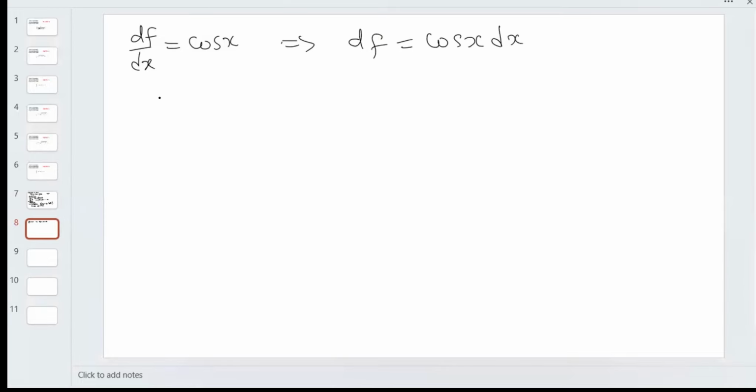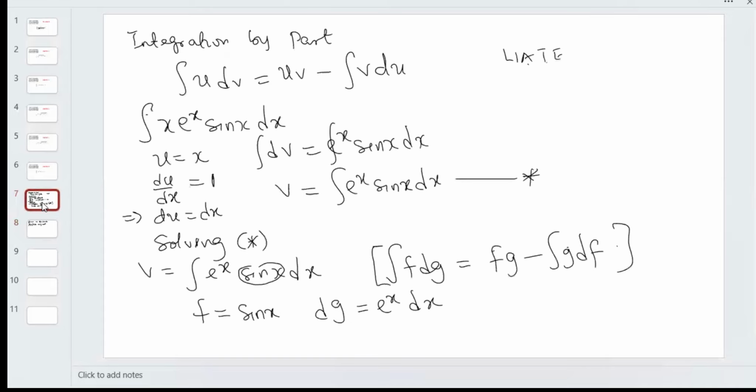I also have that dg is equal to exponential x dx, and to get back the value of g, of course, I'm going to integrate both sides, and beautifully I get g to be exponential x. If I integrate exponential x, I'm going to get exponential x. All right, so I have f, I have df, I have g, and I have dg. So all I have to do is come back and put it inside the expression.